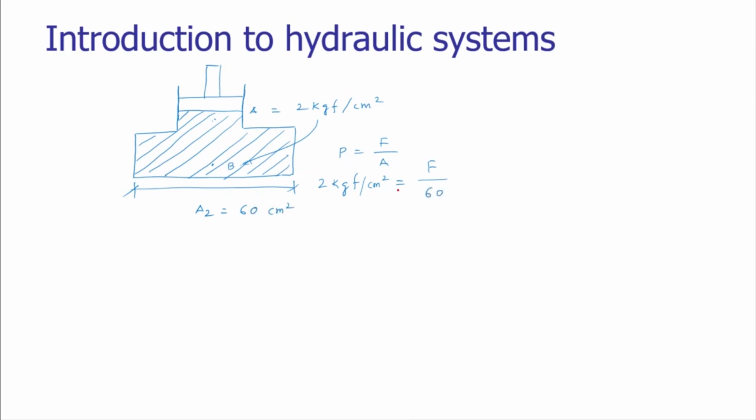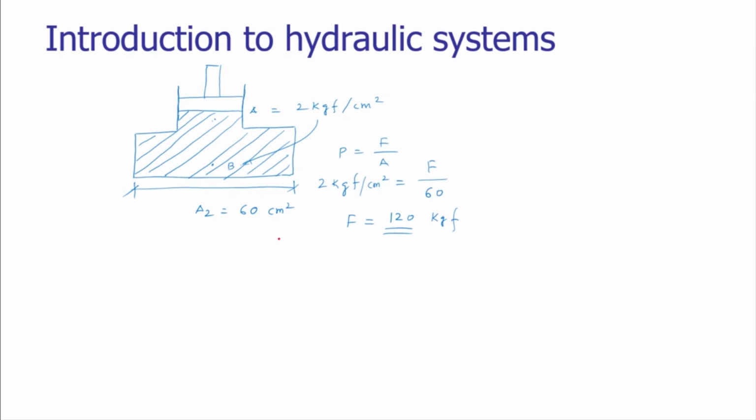If I use the area as 60, the force applied would be around 120 kilogram force. The meaning is that if I increase the area of application, the force is getting increased.